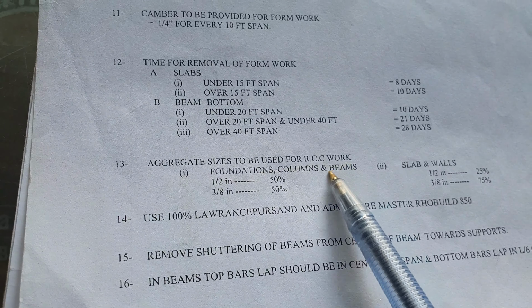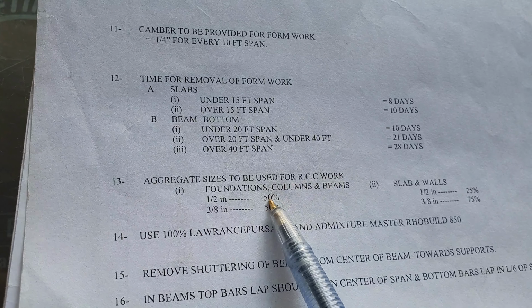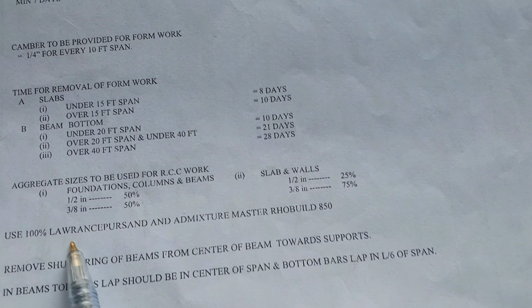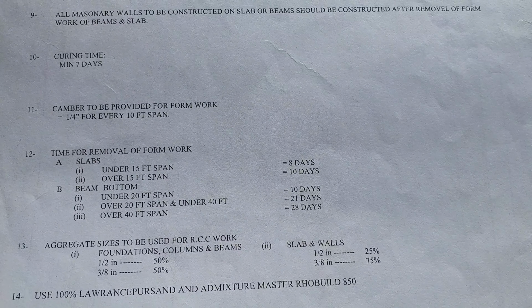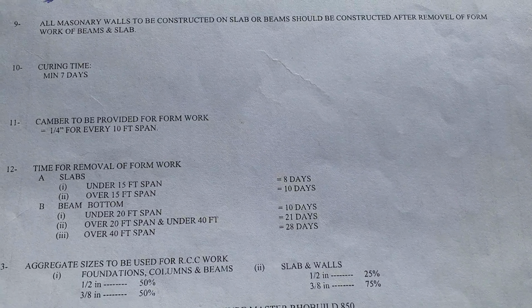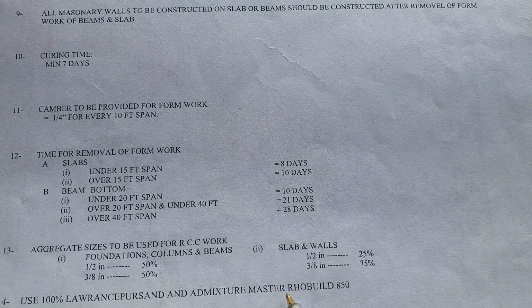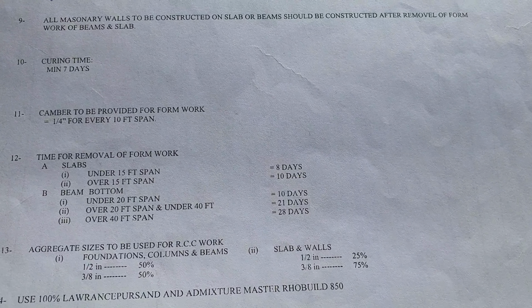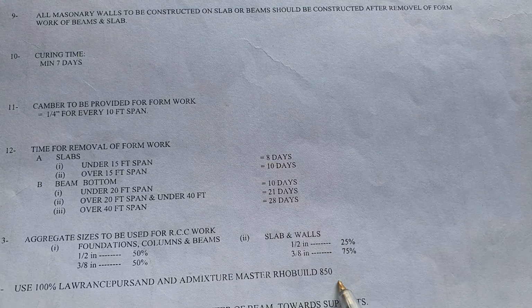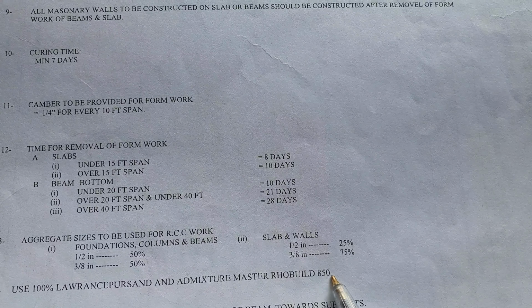Aggregate sizes are mentioned for RCC work. You have to follow as per drawing. Use 100% Lawrence sand, which is also known as Harrow sand in the traditional language, and admixture Master Rheobuild 850. This admixture improves the workability of the concrete.